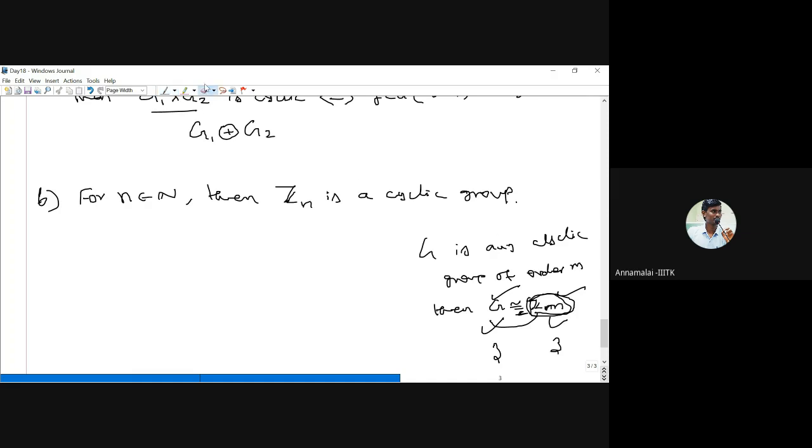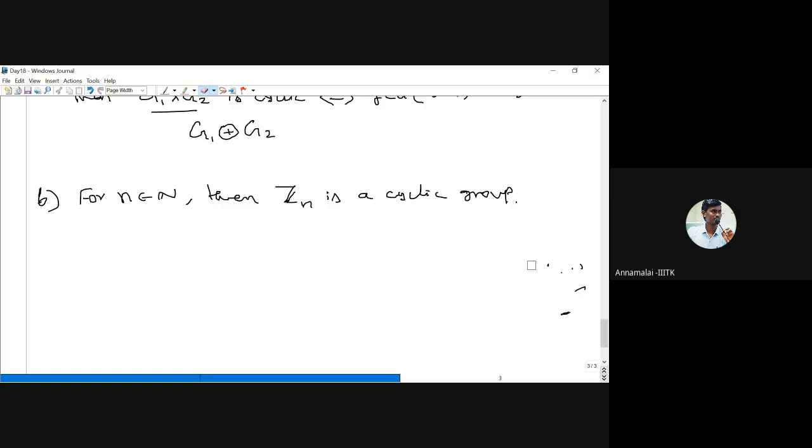These two cyclic groups are very important, because any cyclic group is isomorphic to one of these two. So in the cyclic group part, these are all very important points. Any cyclic group of order n is isomorphic to Zn. Any infinite cyclic group is isomorphic to Z.